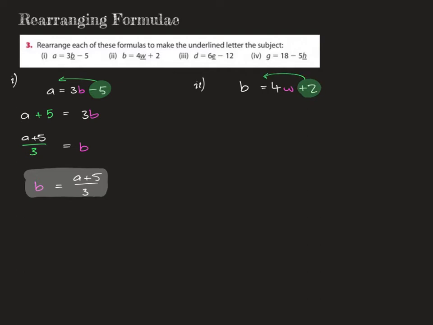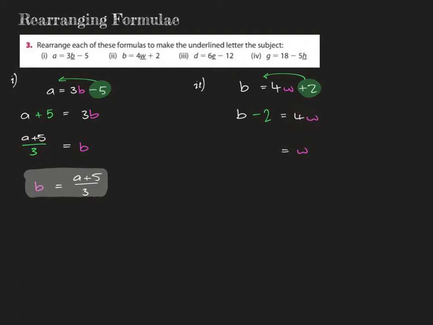If I bring it over to the other side, I'll end up with B minus 2, because when it comes across it turns from a positive to a negative, is equal to 4W. Similarly to the last one, the goal here is to get W by itself, so I need to look at what I'm doing to W. In this case, I'm timesing it by 4. To get it by itself, I need to do the opposite of times, which is divide.